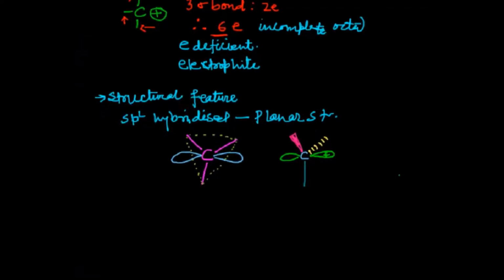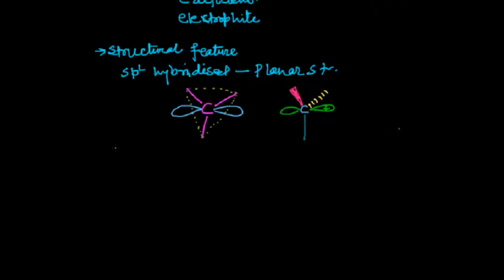Now if I look at its stability order, as we understood, these carbocations are electron deficient, therefore stability would be enhanced if we add some electron releasing group, so it is stabilized by electron releasing groups, ERG.